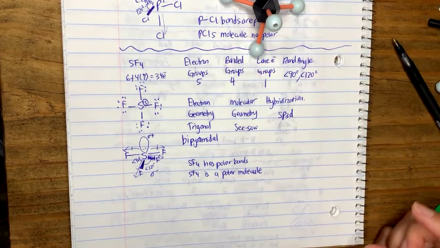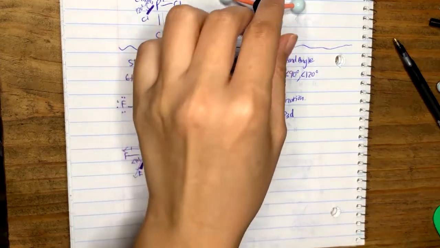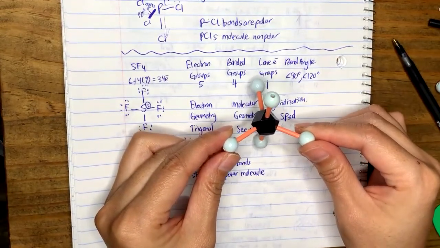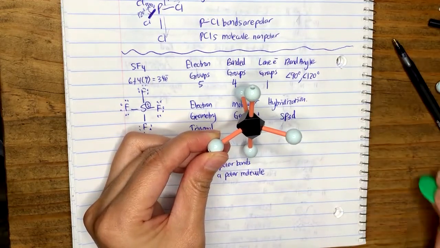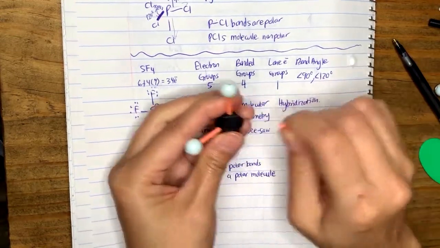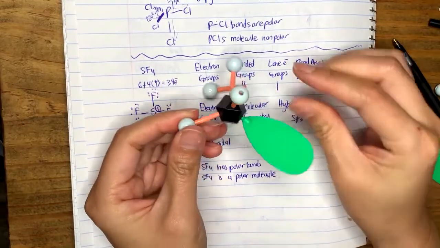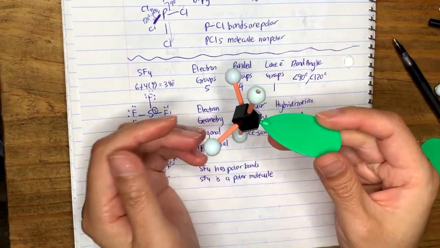Now let's take a look at what the molecular geometry will look like. Here's the thing. If you have 120 degrees and you have 90 degrees, you must put the electron group at the 120 because electrons like space. So I put the fat cloud on one of the 120s. You have to do it on a 120 because they can't do the 90. 90 is not enough space. So this is what it looks like now.